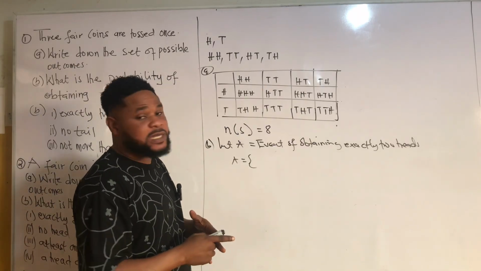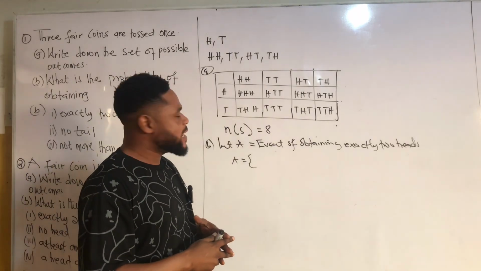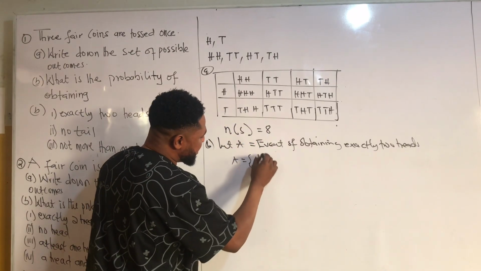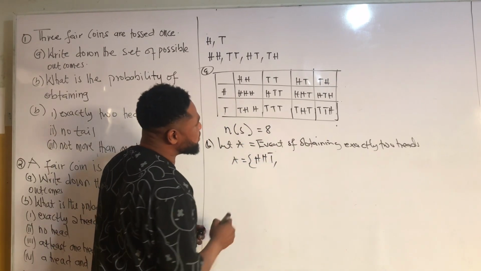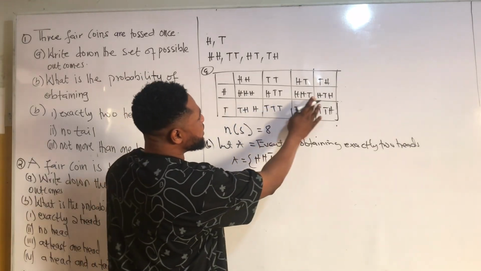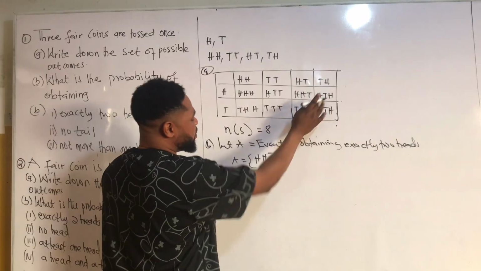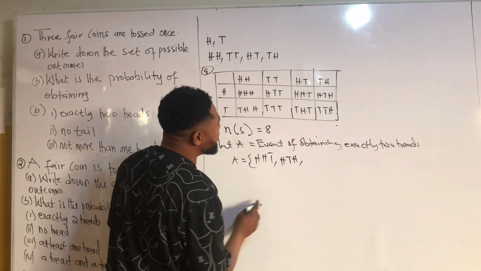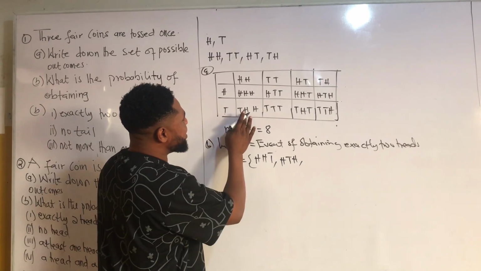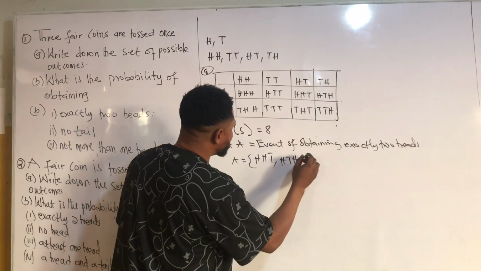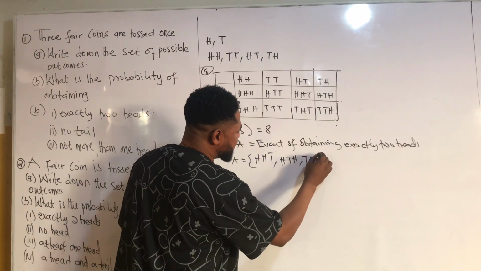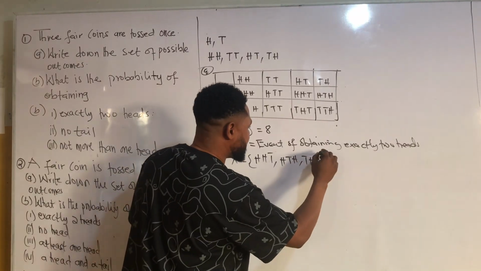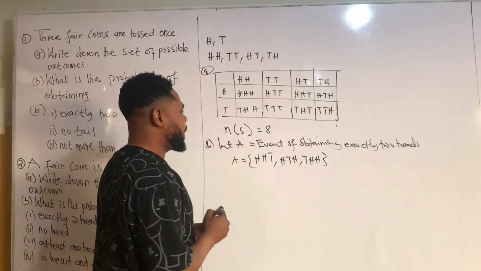We want only 2 what? Heads. So we have head, head, tail, all right? And again, exactly 2 heads. We can also see head, tail, head here. And when we come here, we can also see tail, head, head. And I think that is all we can see here.